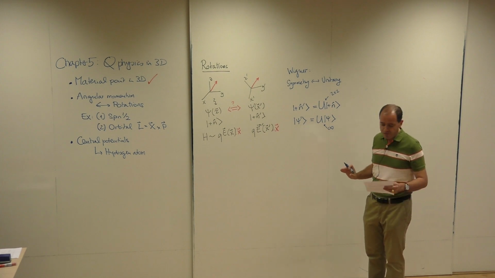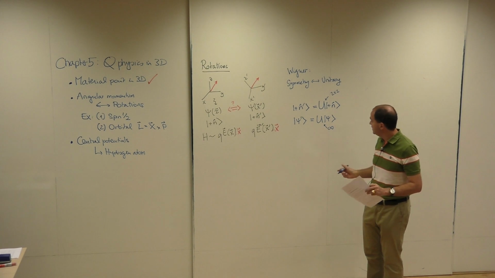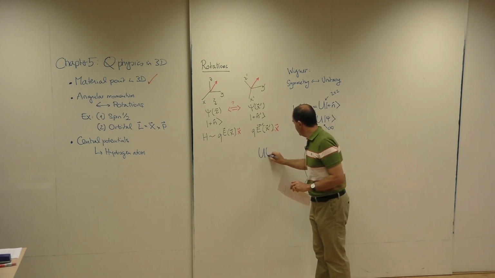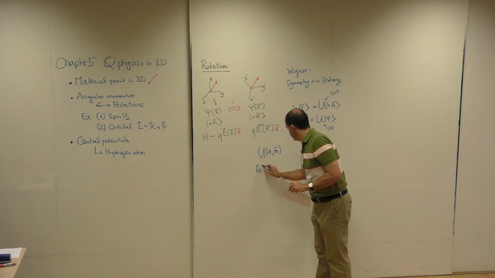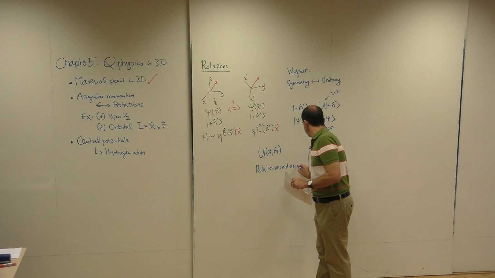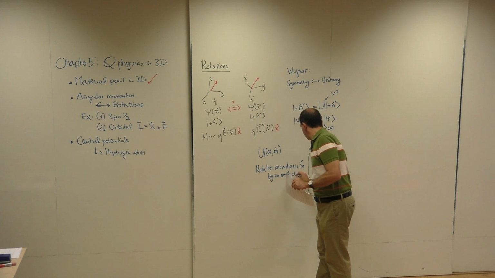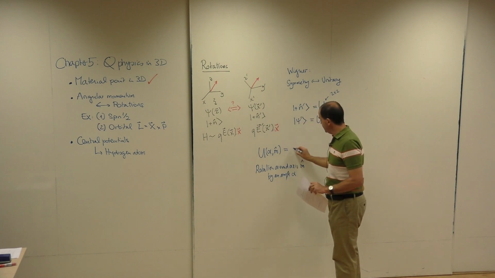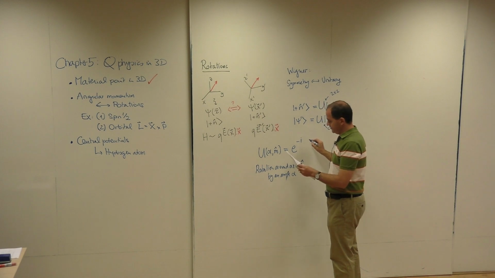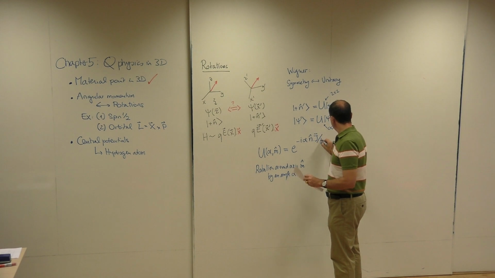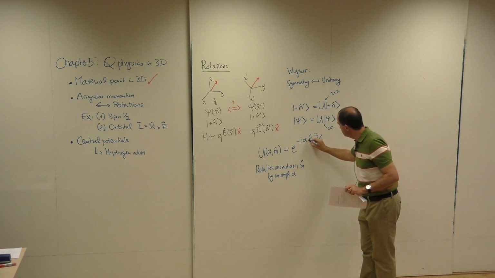And you have to believe me that the form of that unitary is like that. U of a rotation around the axis m by an angle alpha. The unitary is written like this: e to the minus i alpha m times J over h bar.